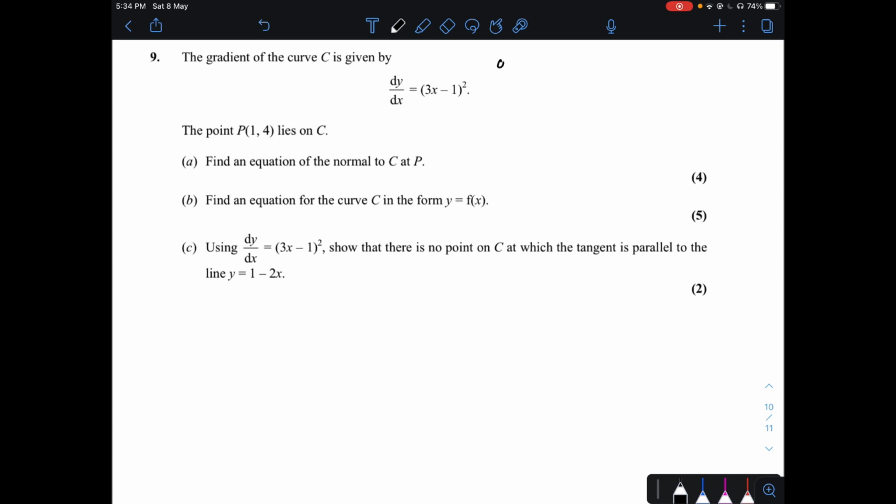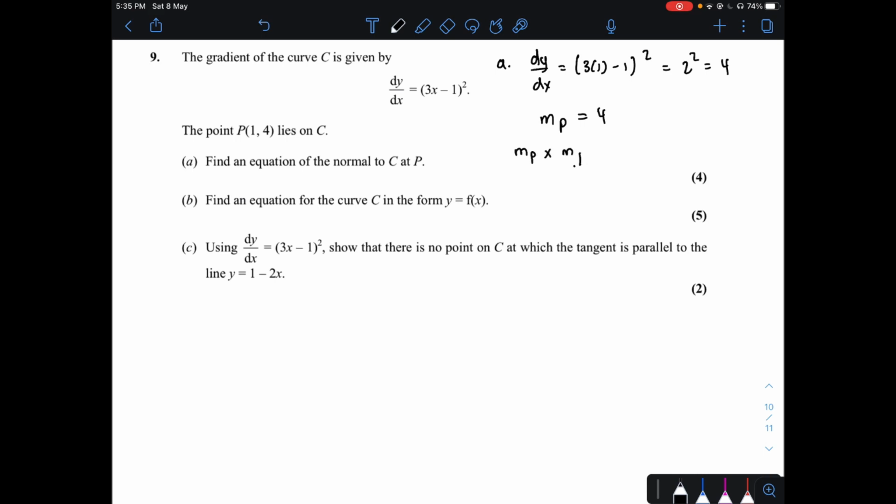So all we have to do is substitute 1 into this equation. So for part A, if we substitute 1 into dy by dx, you will get 3 times (1 minus 1 squared)... that will be 2 squared, which is 4. That is the gradient at P, it's not the normal gradient, is it? So this is the gradient at P, which is 4, but we want the gradient of the normal. So always remember the perpendicular gradient.